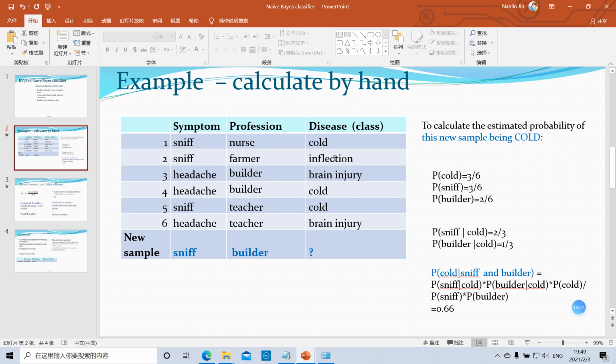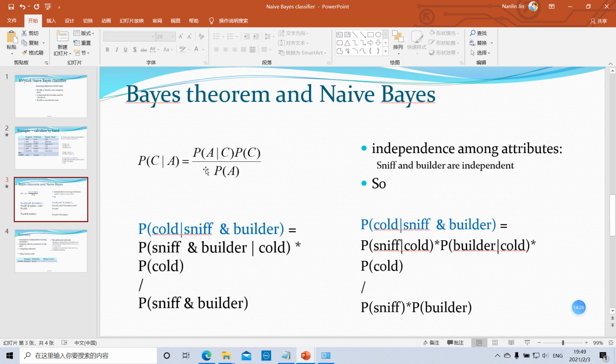So they have a large proportion of other diseases. Okay, and divided by the joint of features.